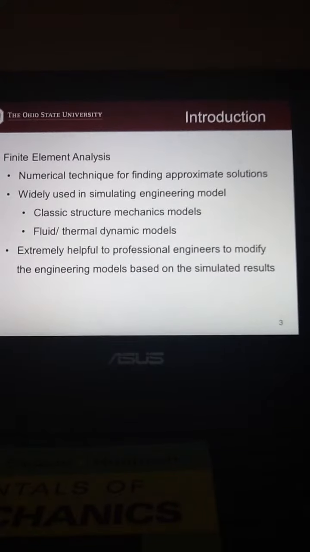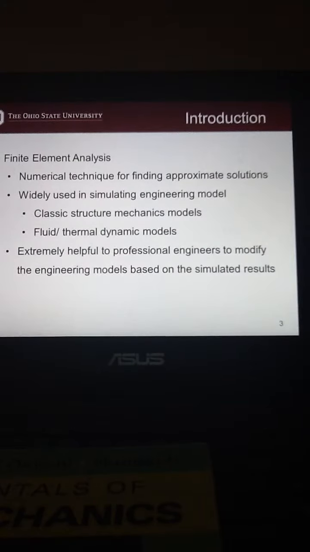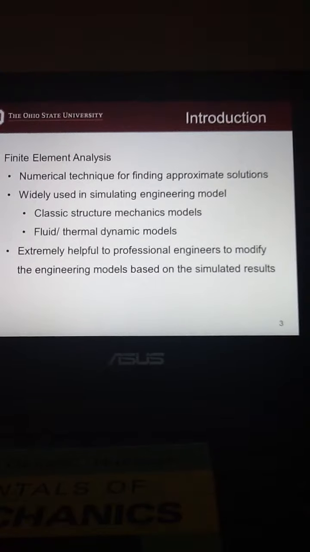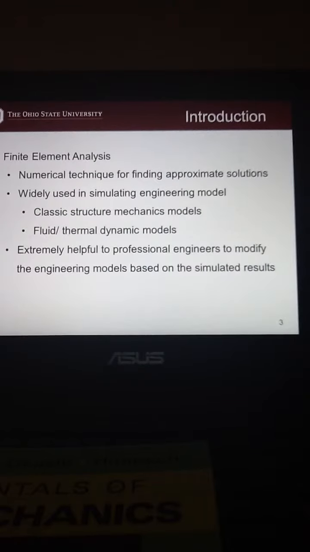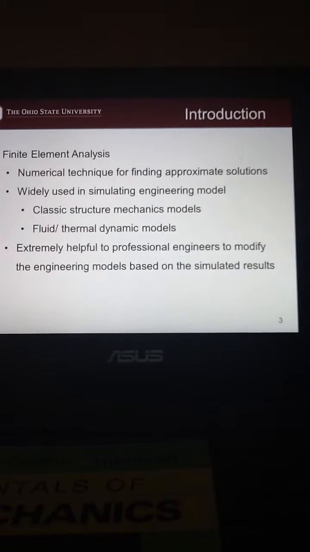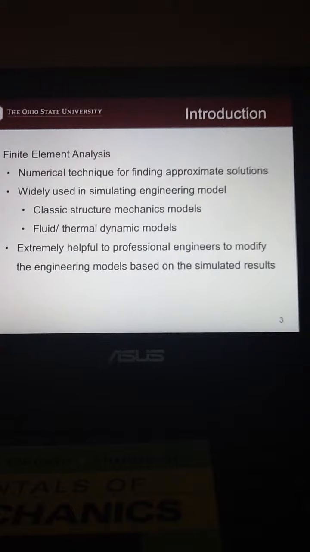In terms of the introduction, what is finite element analysis? Basically, this is a numerical technique for finding approximate solutions, and it is widely used in simulating engineering models. There are basically three types of models we see most in the field of engineering.